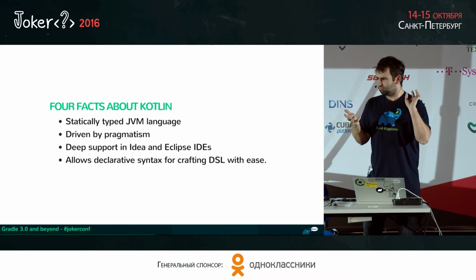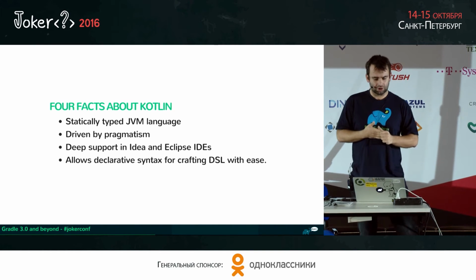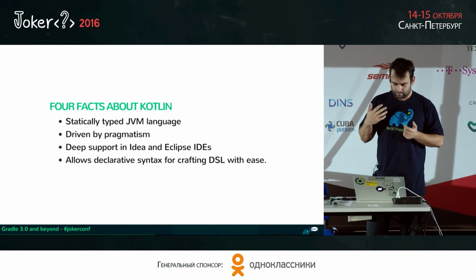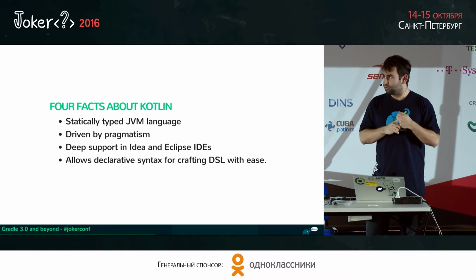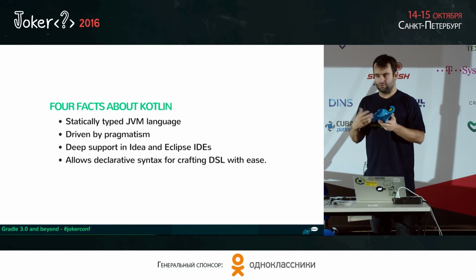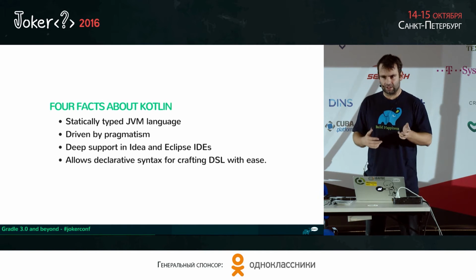And I guess most of you know JetBrains is just awesome in IDE support. What I like about Kotlin is that it's driven by pragmatism. It has deep support in IDEA and Eclipse, because if you want a language that is taken seriously, you have to support both, I guess. I don't know the status of NetBeans.